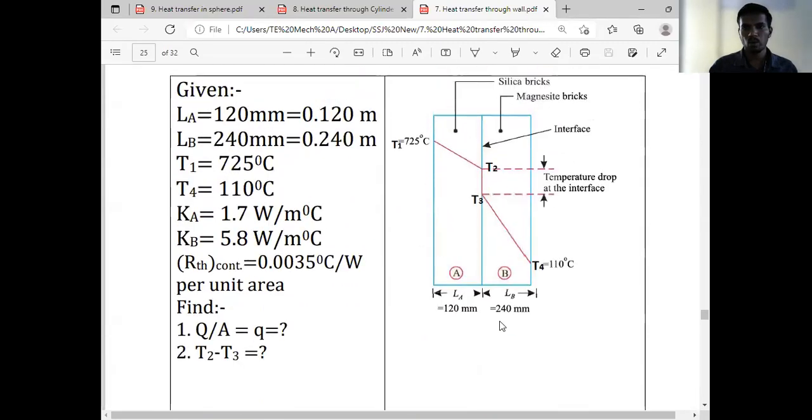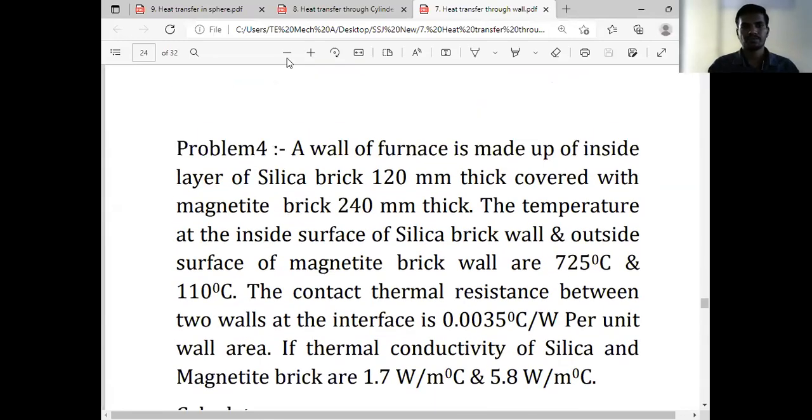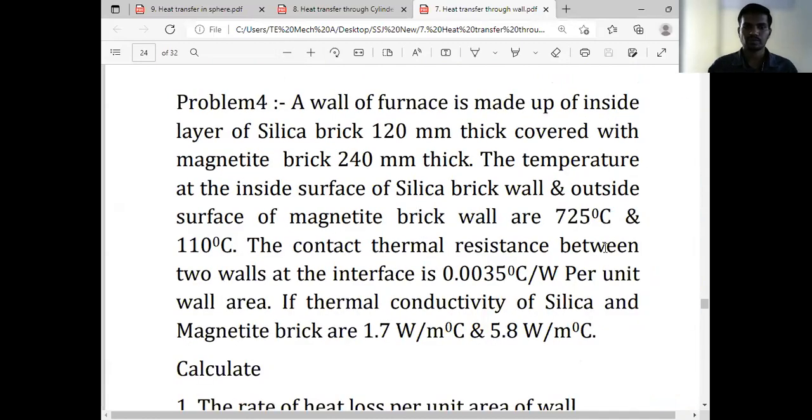Okay, let us solve one problem on this. Write down this problem.